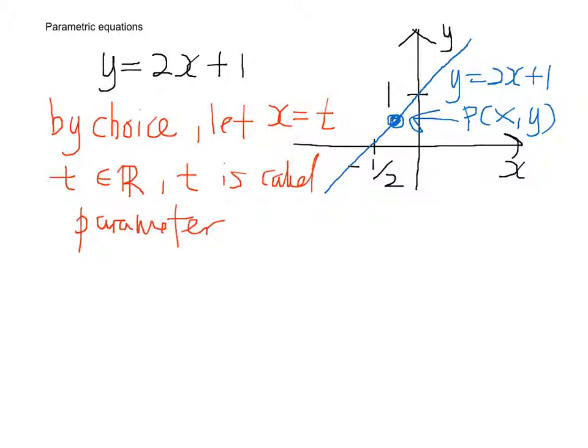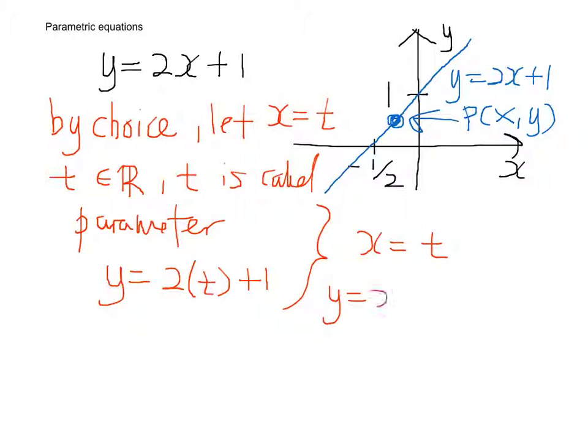Now when I do that, for the y, or the function itself, I'm going to substitute the x by t. And so these two together, this choice of x equals t, and this substitution, would then give me x equals t and y equals 2t plus 1, because t is a real number.